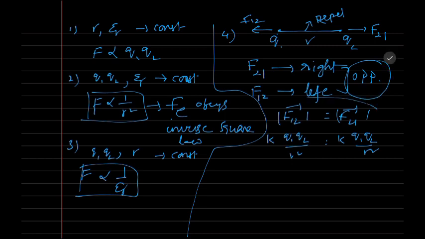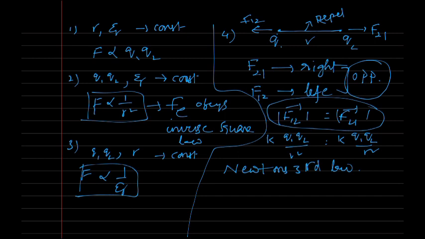So we have got the conclusion: the two forces are acting in opposite directions and their magnitudes are the same. If you clearly recall, the law that explains these statements is nothing but Newton's third law. According to Newton's third law, there exist equal and opposite forces, and those two forces act on two different objects.